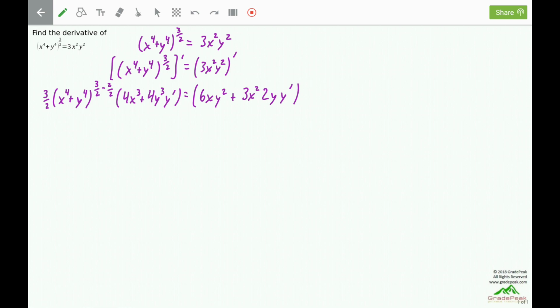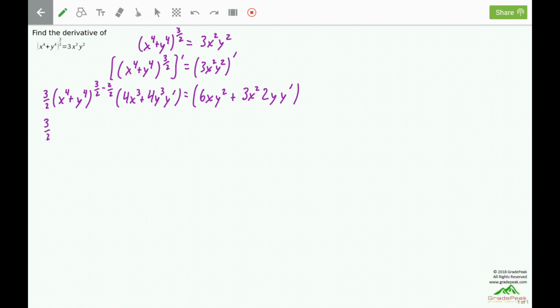We have 2 terms that have a y prime in them. One is here, though it has all of this to distribute on it, and the other one is here. We will want to put those together on one side, but before we do that, we have to distribute on the left side.